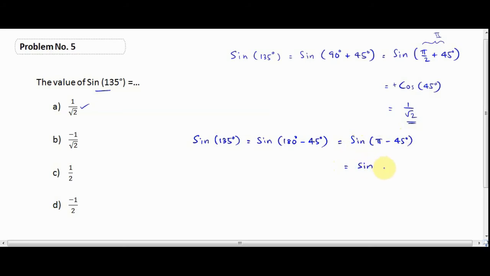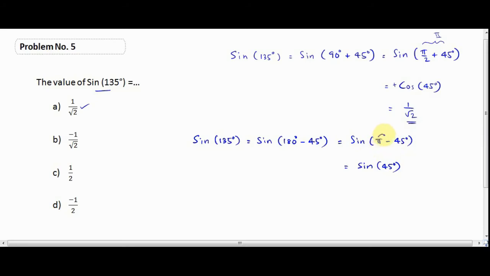Sine of pi minus 45 degree can be written as sine of 45 degree. Because here we have a multiple of pi, there is no need to change the function, so we keep sine as such, and we replace pi minus 45 degree with 45 degree, and we have to assign a sign here, plus or minus. So we have to check the quadrant.